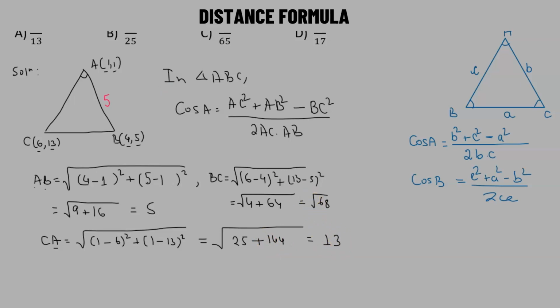So now we have obtained the value of AB, that's 5, and BC, which came out to be the square root of 68. And then we have the value of CA, which is 13.